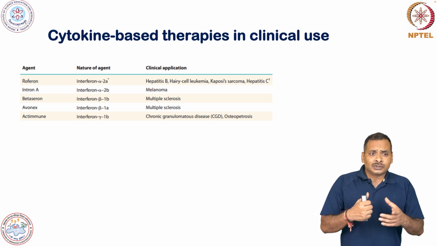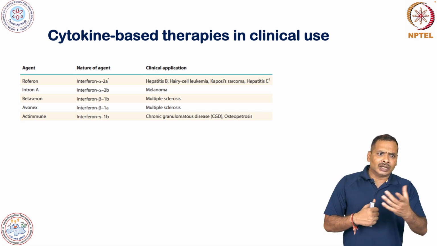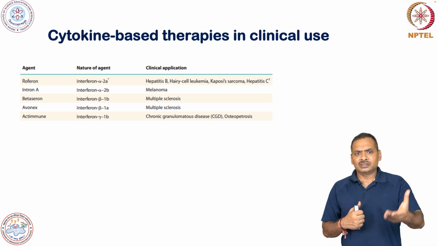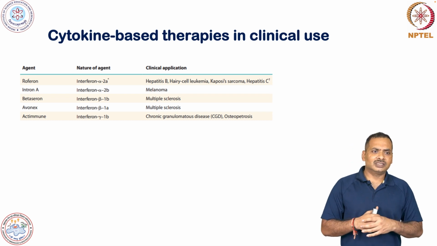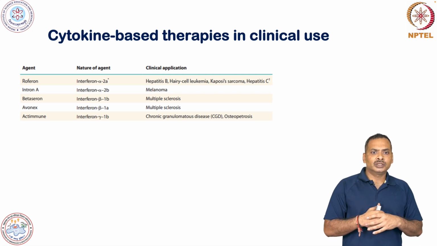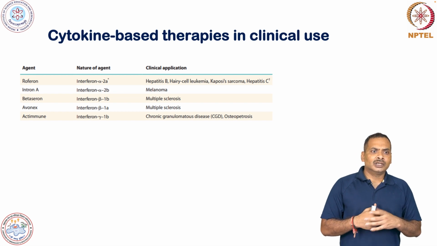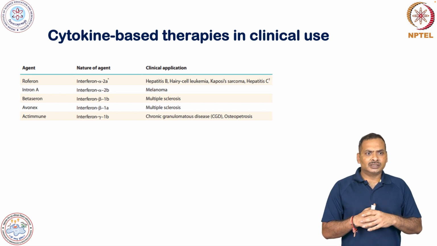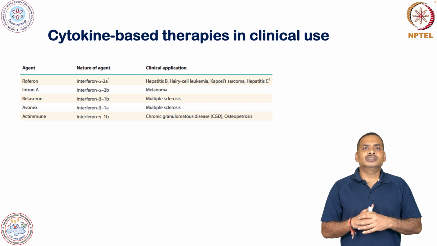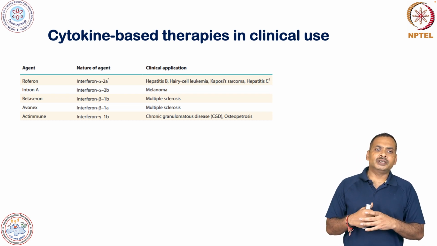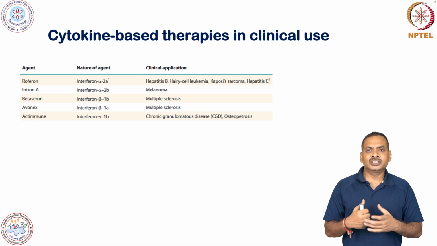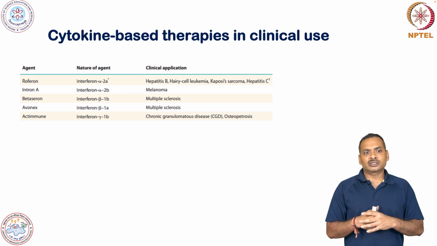So, another molecule name which is synthesized is Intron A. This is basically interferon alpha 2B, and it is used for the treatment of melanoma, and there is Betaseron. This is interferon beta 1B, which is basically used for multiple sclerosis.